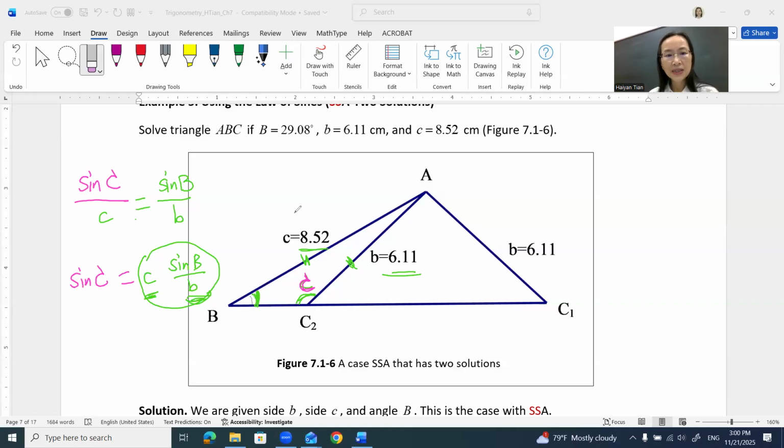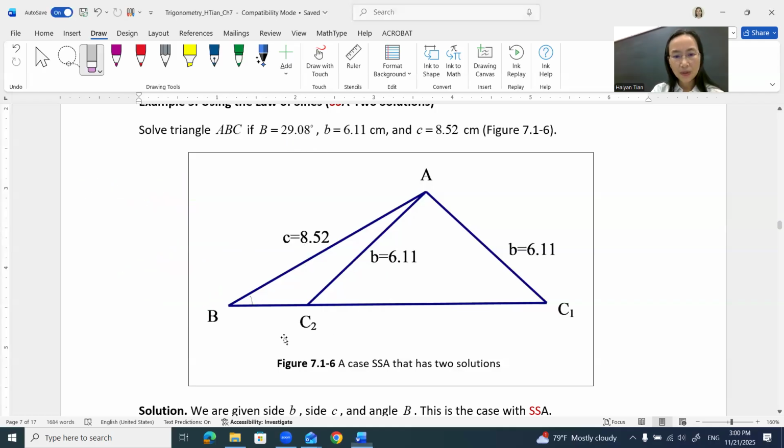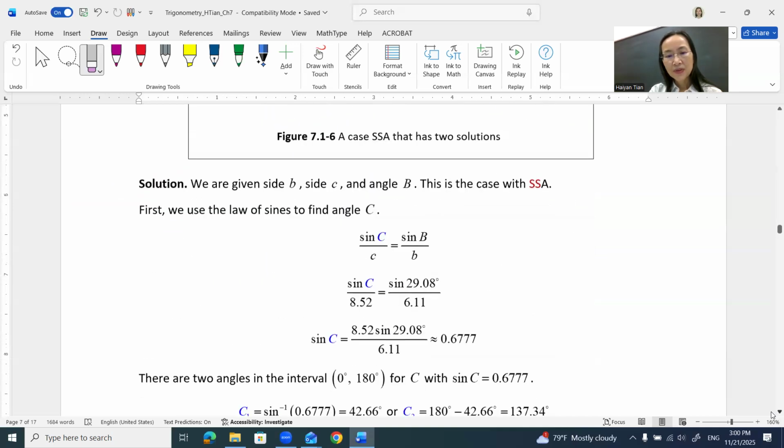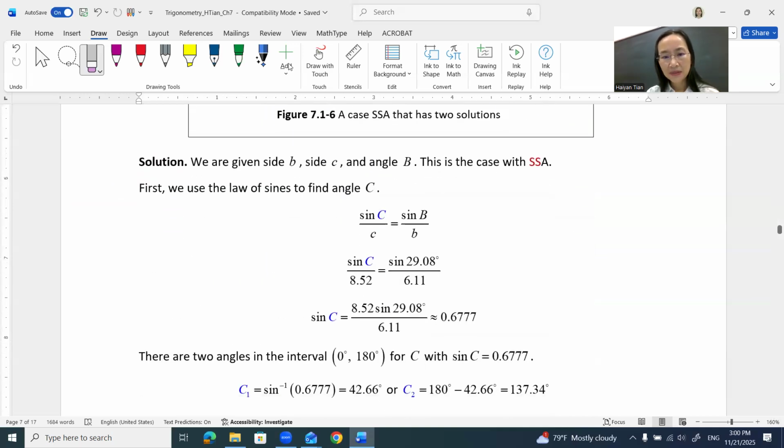The capital B is 29.08. So we put numbers in, we can get sine capital C. And then we will determine what C is. C is the angle. So you see, after we get specific numbers, we find the sine C is 0.6777, right? Approximately 0.6777.